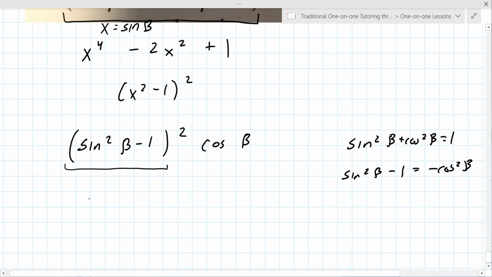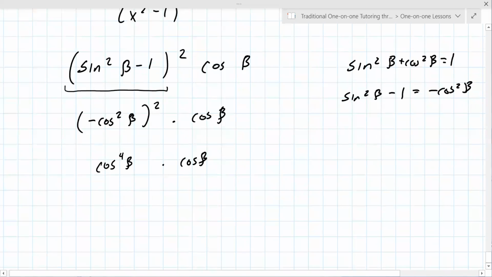So if I were your instructor and you didn't put the negative in there, I might wonder if you actually just knew that this worked, or you were sloppy. You don't want to take a chance here. Even though it cancels out, you still don't want to do that. Like we said before, the emphasis is on showing every step. So this becomes cosine to the 5th beta.